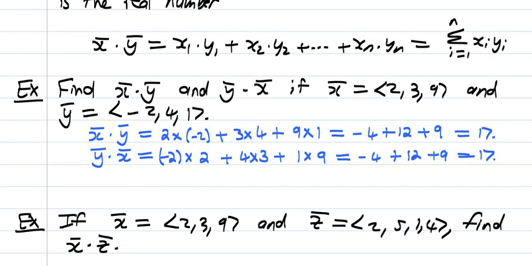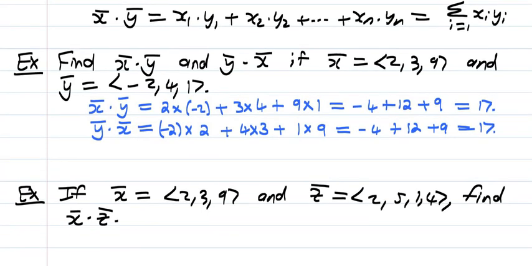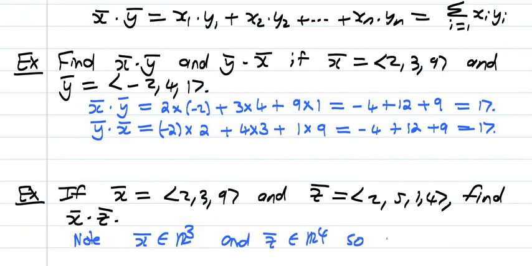Alrighty, now let's do another example. Let x be the 3D vector (2, 3, 9) and z be the 4D vector (2, 5, 1, 4). And the question is find x dot z. Alright. Now you can immediately make the following observation. Note that x is an element of R3 and z is an element of R4. So x dot z is undefined.